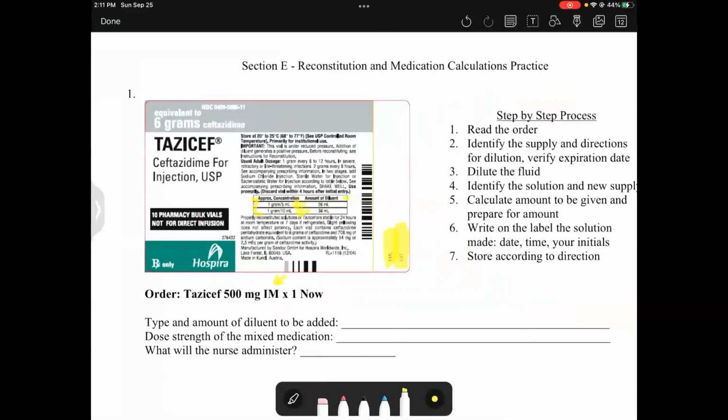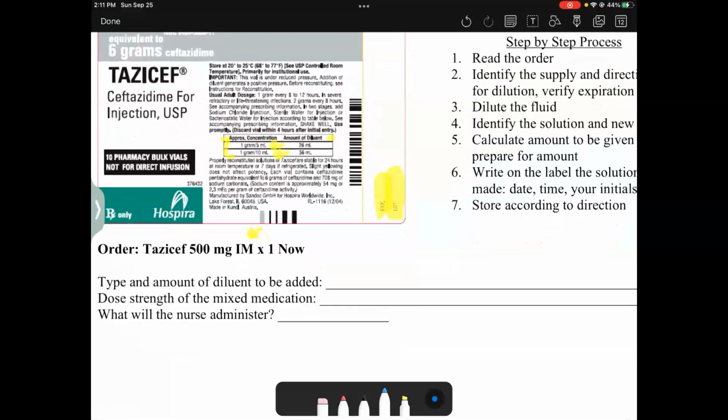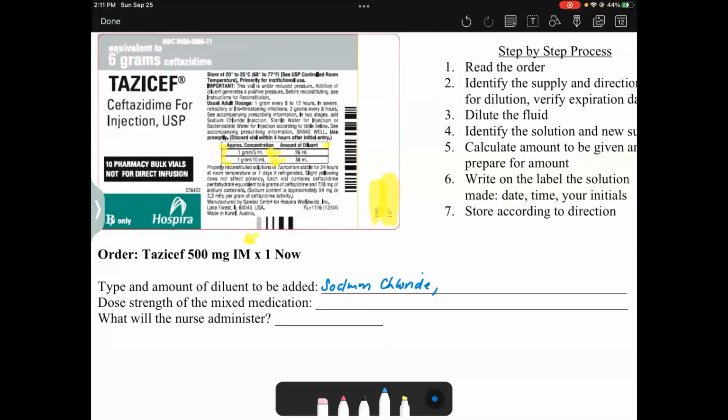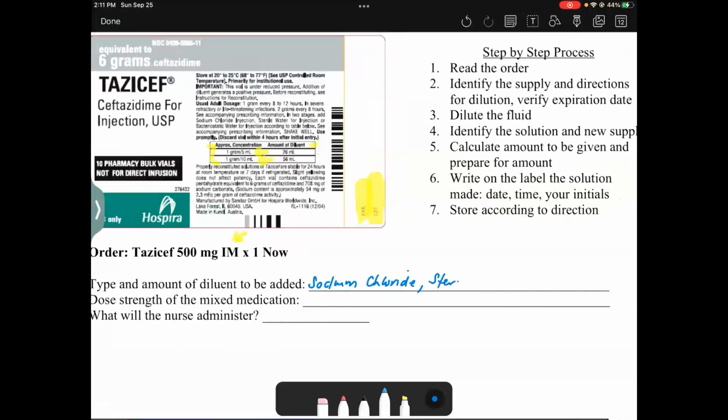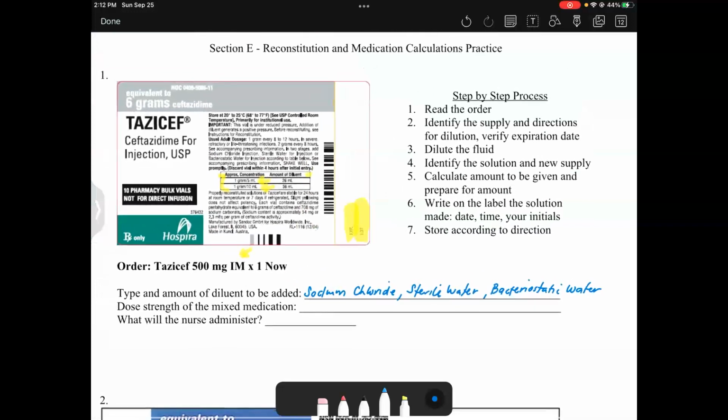So then let's try to fill in this information. Type and amount of diluent to be added. As we've read from the direction, we can use sodium chloride. We can also use sterile water, and bacteriostatic water.